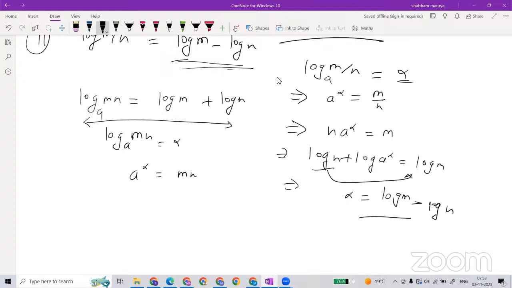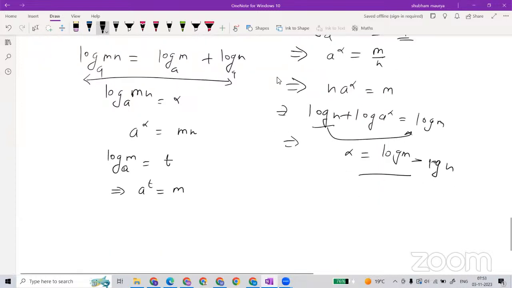We can take m to be some exponential function and n to be another exponential function. Then when we take the logarithm of each of them, the log and the exponent cancel. Let's take log base a of m to be t. Then a power t is equal to m, correct? Similarly, if we take log base a of n equal to s, then we'll get a power s is equal to n.